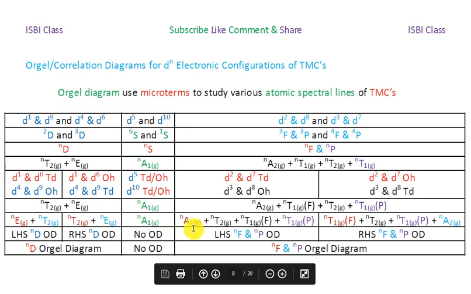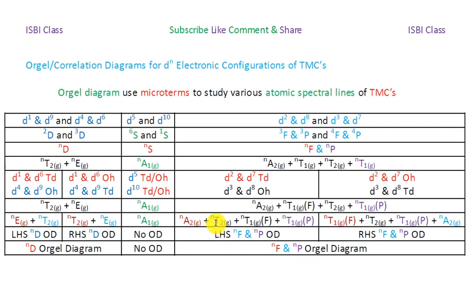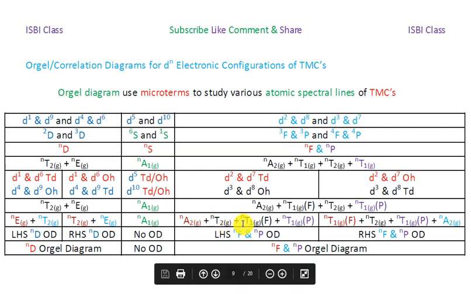Here there is no Orgel diagram. For the left hand side of the nF and nP Orgel diagram, the lowest energy microterm is nA2(g), after that nT2(g), after that nT1(g) arising from the F term, and nT1(g) arising from the P term.